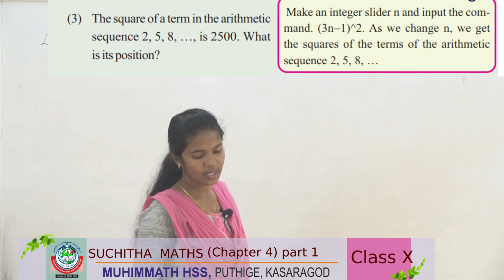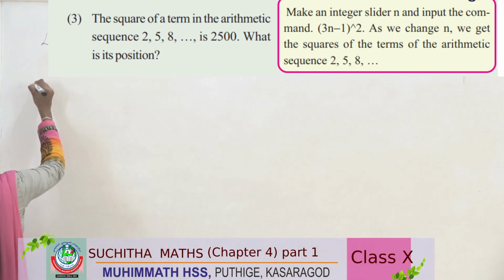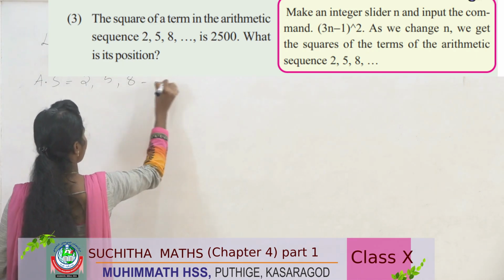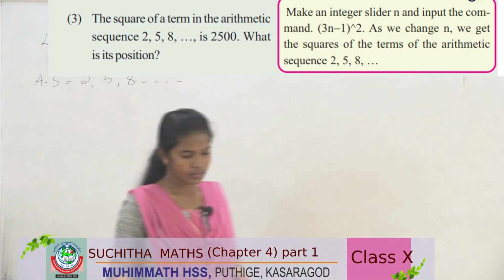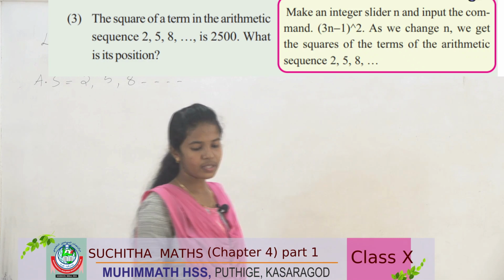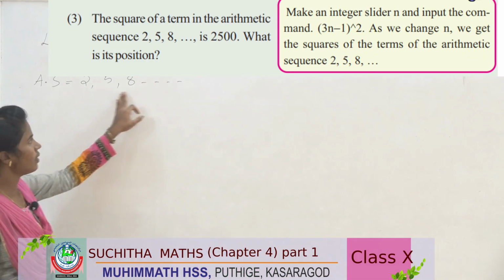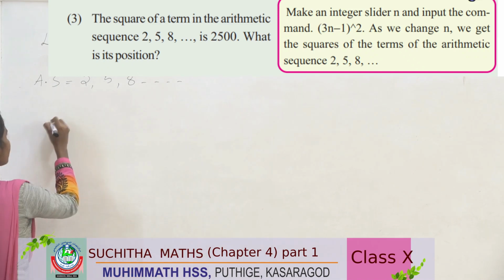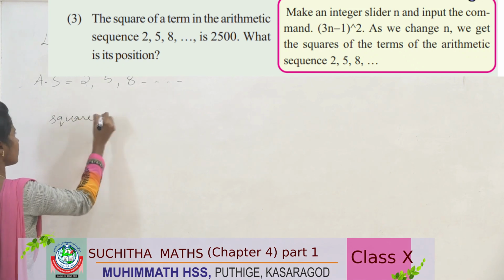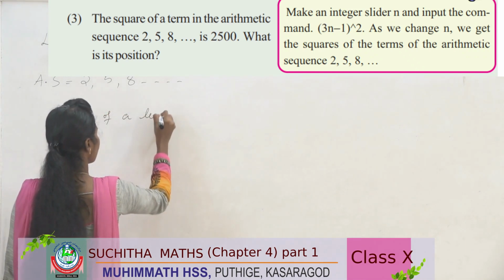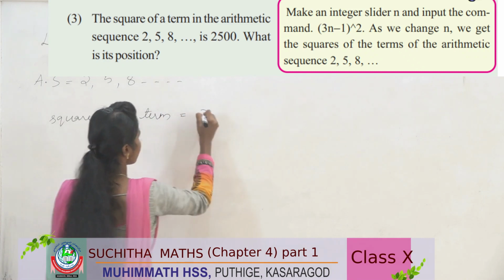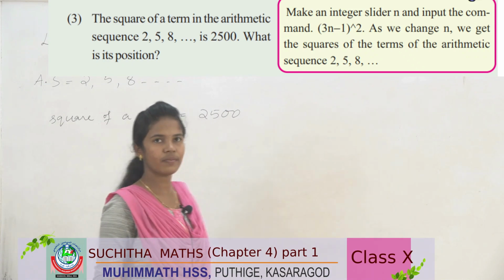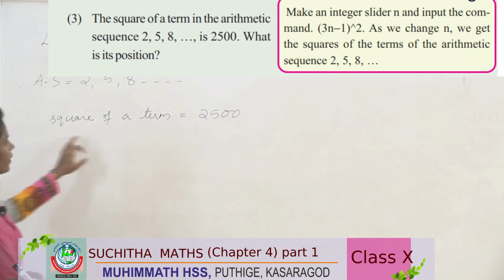Here an arithmetic sequence is given: 2, 5, 8, etc. And the square of a term in this sequence is 2500. And what is its position? We have to find the position of that term.